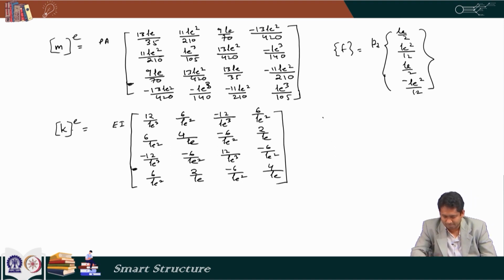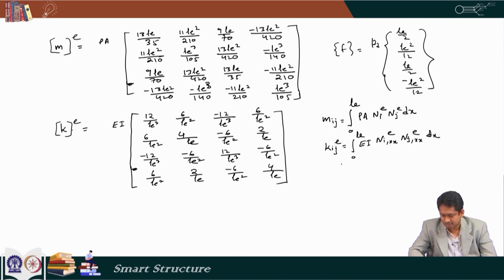So, here Mij in general is defined as integral 0 to Le of rho A Ni^e multiplied by Nj^e dx, and Kij is defined as integral 0 to Le of EI Ni comma xx Nj comma xx dx, and Fi^e is integral 0 to Le of Pz Ni^e dx.